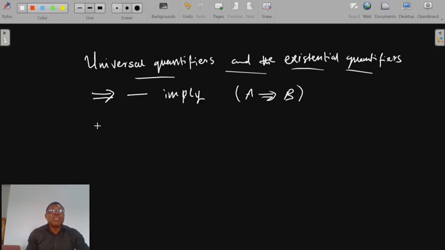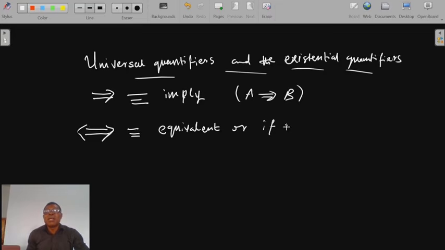We can have this symbol also where we have double two-sided arrows. This is identical to what I may call equivalent, or if and only if.